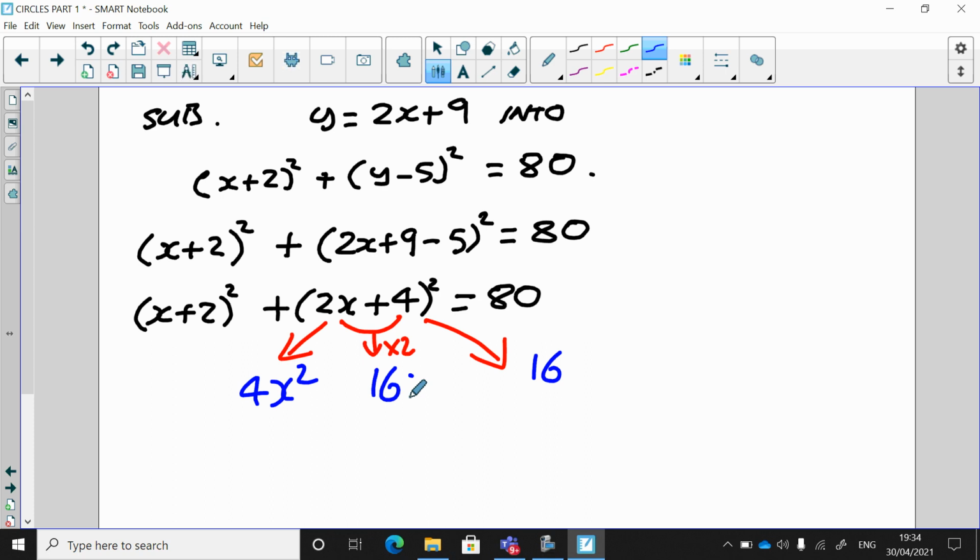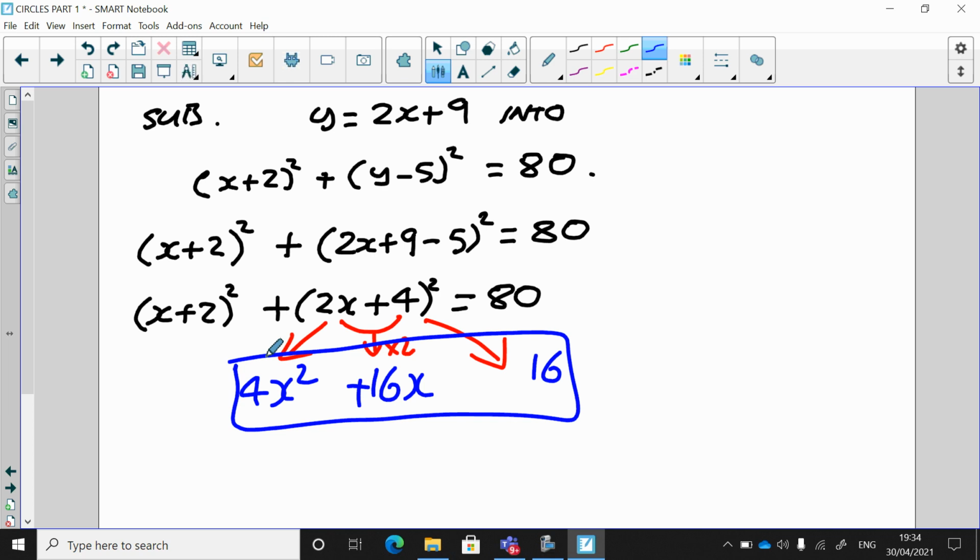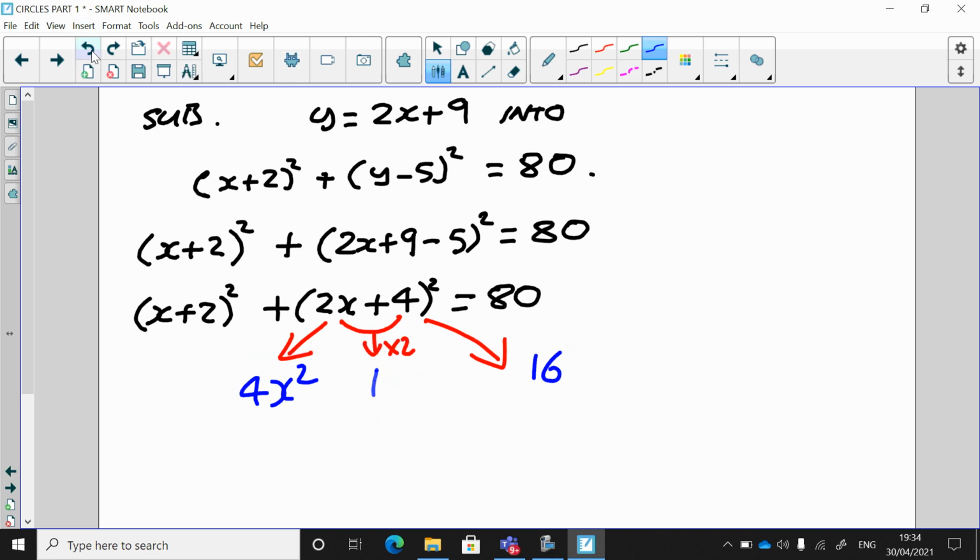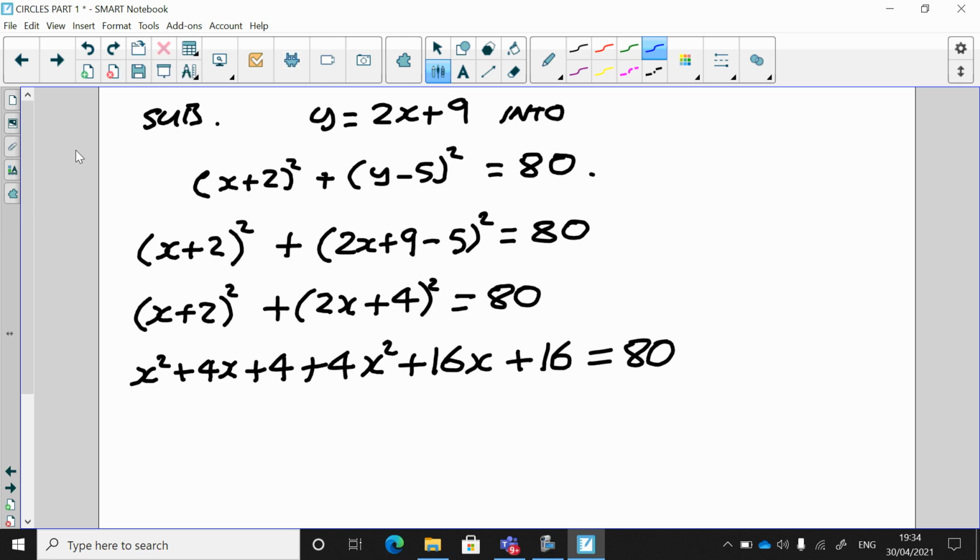That's why I'll be getting that there. Algebra is your downfall. That's why I got that.